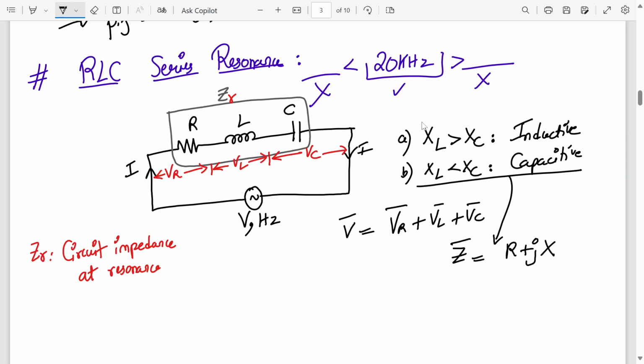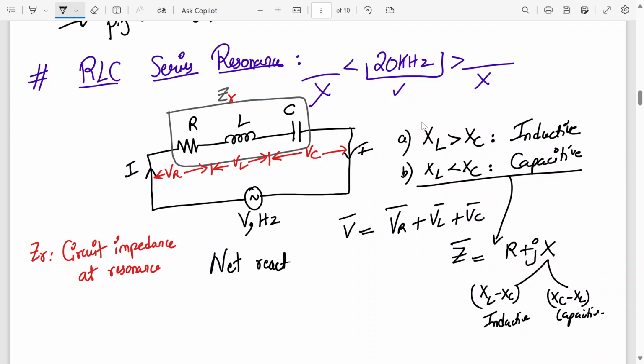X will be XL minus XC when it is inductive, and XC minus XL when it is capacitive. So the net reactance of the circuit X will be given by the mod of XL minus XC, whichever is greater.